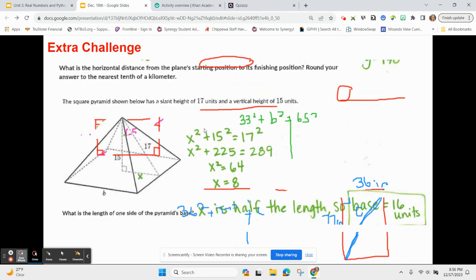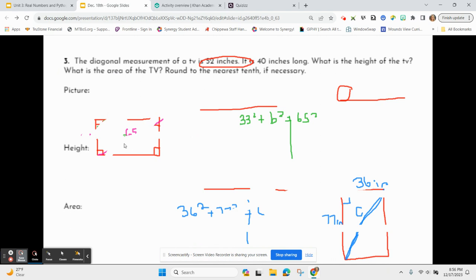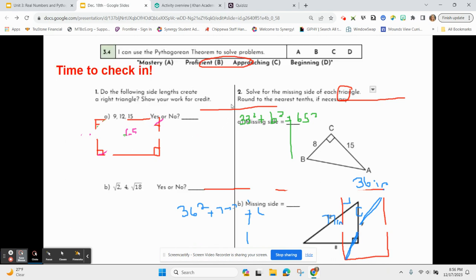Let me show you a quick peek at the check-in. Let's go this way. And gosh, I wish I could find my eraser. I guess I'm a little rusty at this. I used to be. Oh, here it is. Okay. Well, does it work like a smartboard? No. But anyway, okay. So you're going to be getting going.